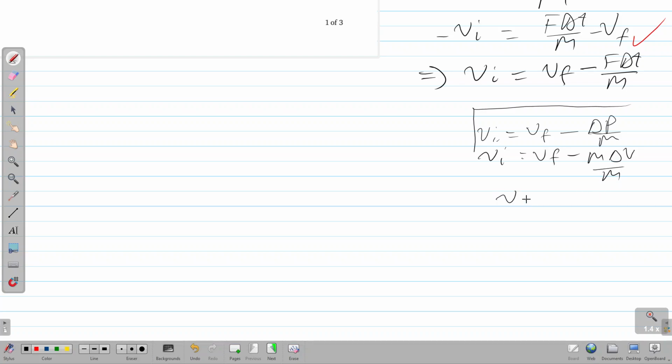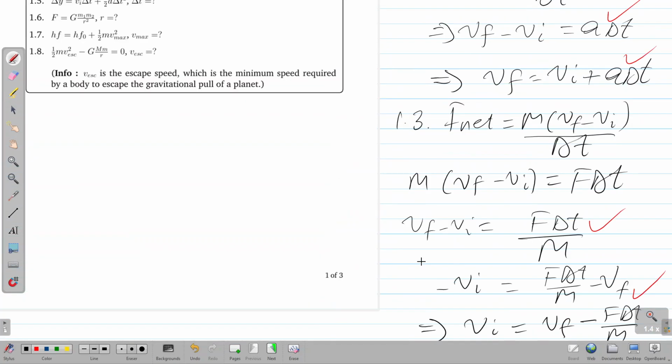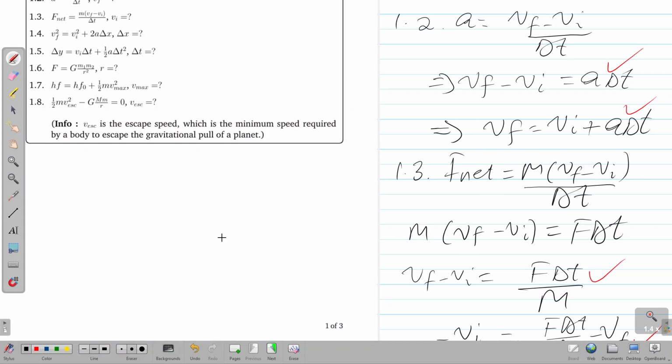And so the initial velocity is the final velocity minus the change in velocity, and that's reasonable. If you have a final velocity minus the amount it changed by, that gives you just the initial velocity, so you can make sense of your results in that way.